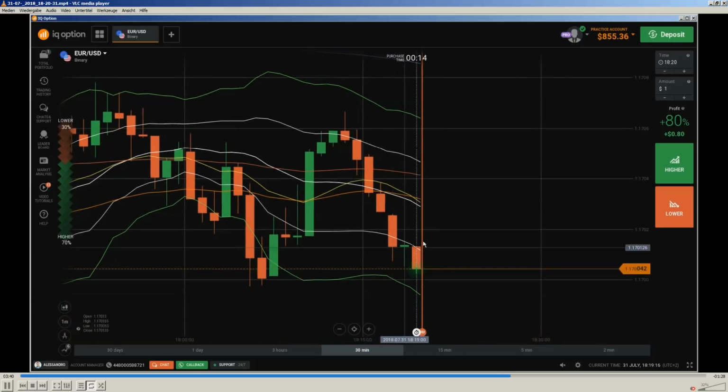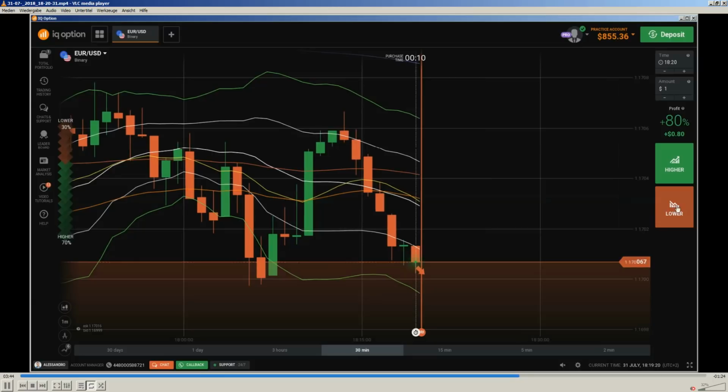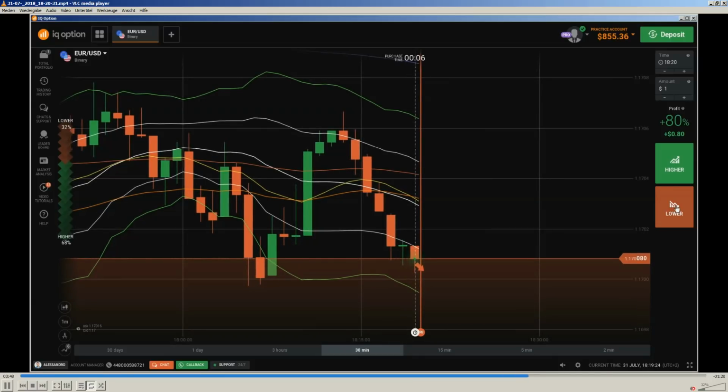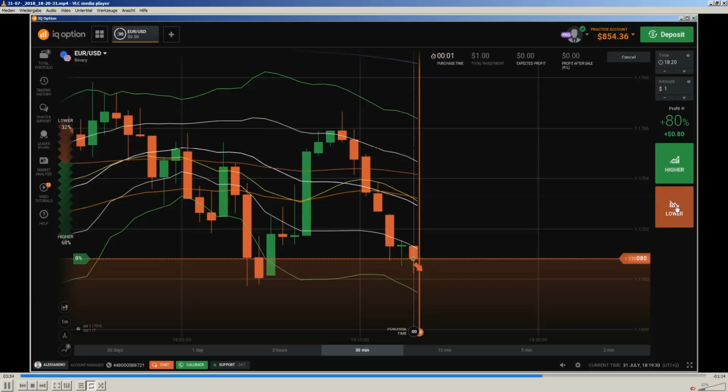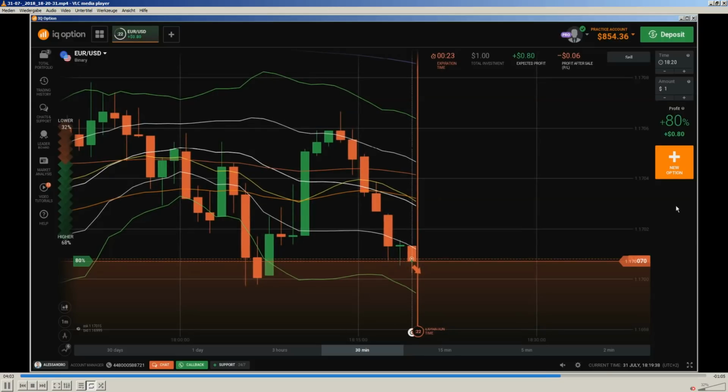You see, I have the mouse already on the lower button, because I was waiting for a better entry point, and the better entry point is at least above the wick of the previous candle. You see, 2 seconds before the purchase time expired, I entered into this because the price didn't retrace back.